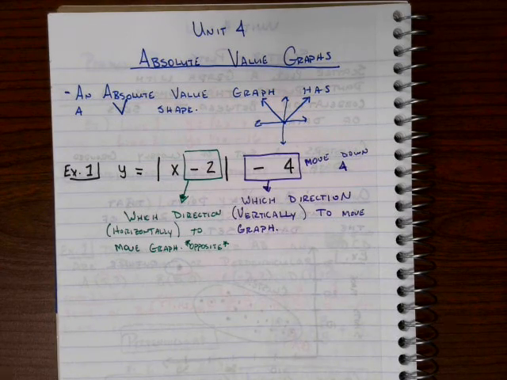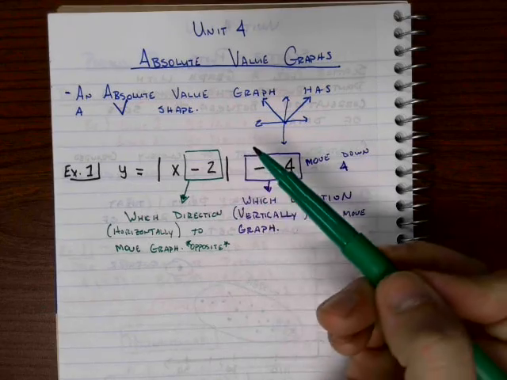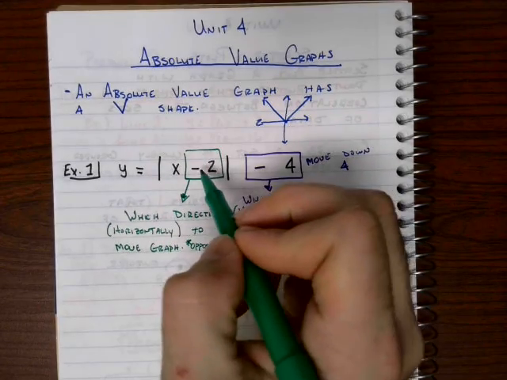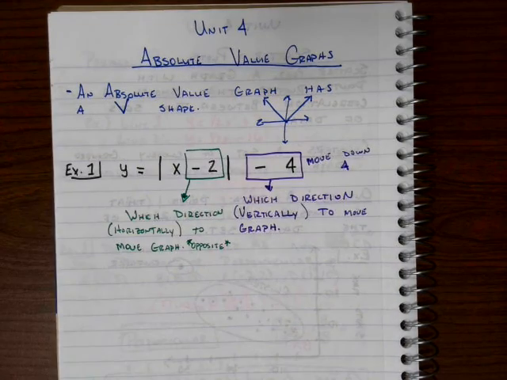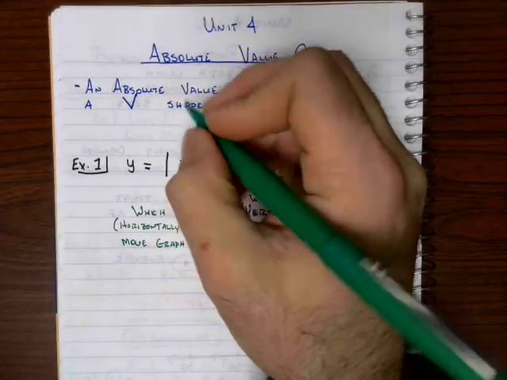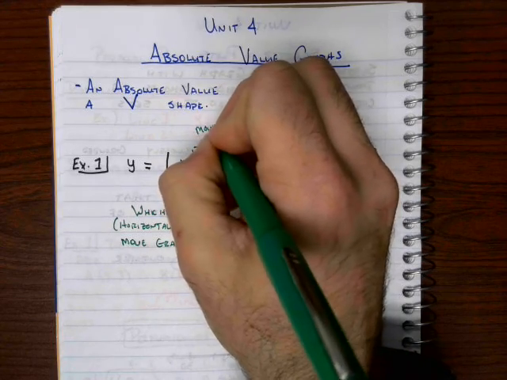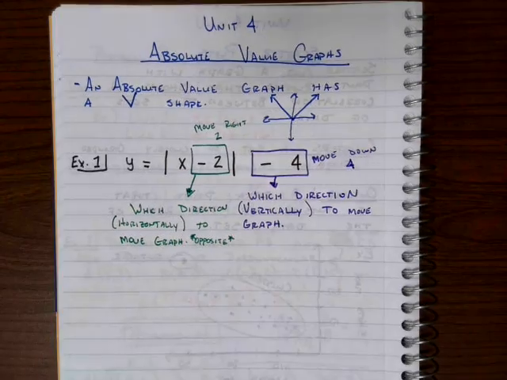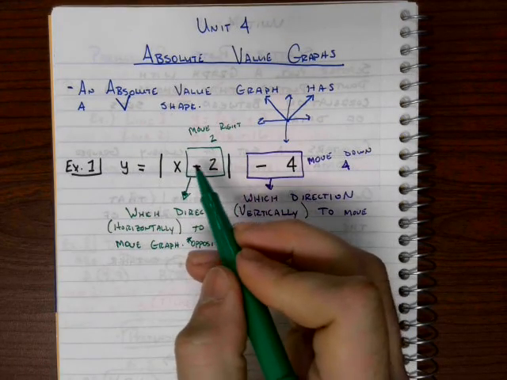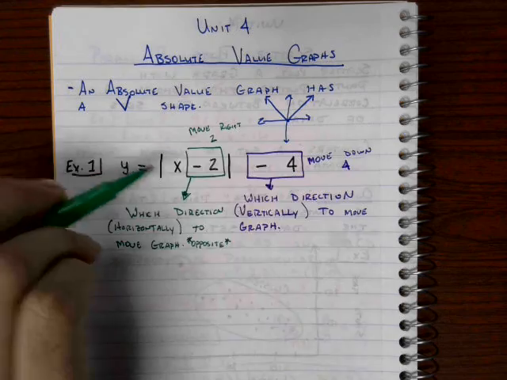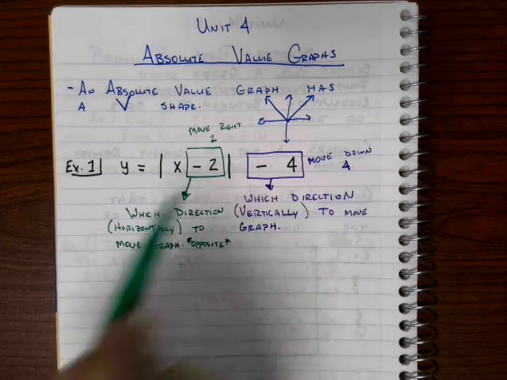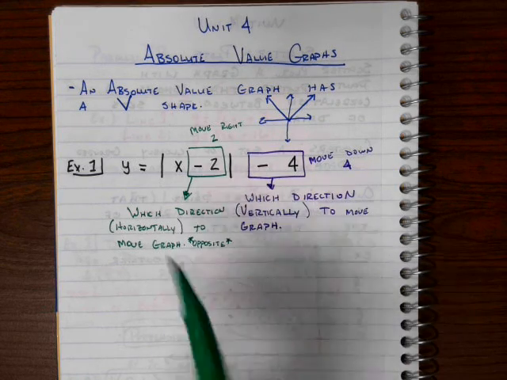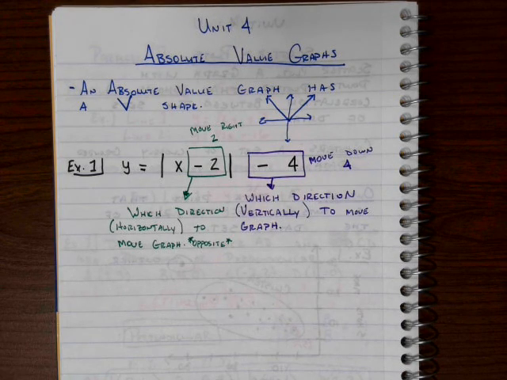Here's why. This does not tell me to move the graph left 2. That's what's confusing about this. -2 means I'm moving this graph to the right 2. So whatever number is in here, you do the opposite. It says -2, well, we're going to go right 2. The opposite of -2 is +2. If it was +2, the opposite of +2 is -2, we would go left.